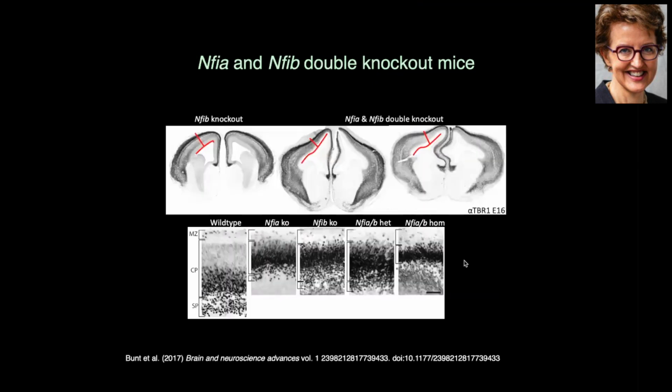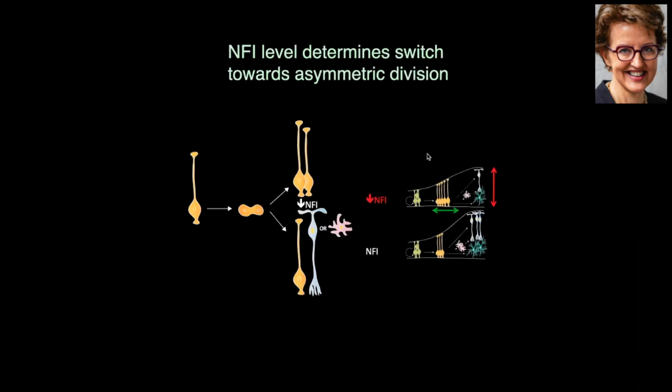And so what happens when we actually make NF1A and NF1B double knockout mice is that you get an even more severe phenotype where the cells remain symmetrically dividing for much longer, such that you even start to now get folding in this cingulate cortex region because the ventricles are becoming so expanded.